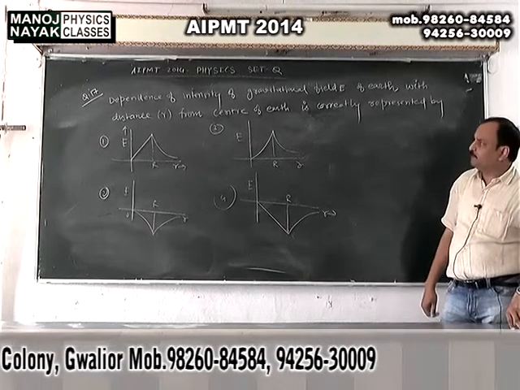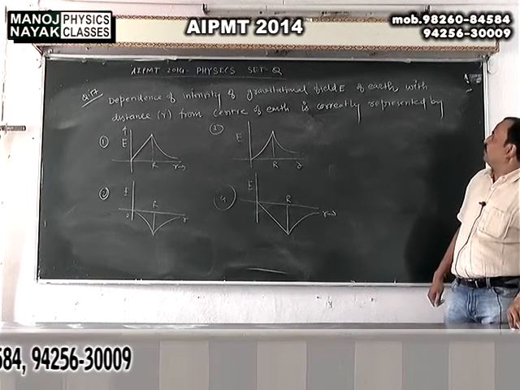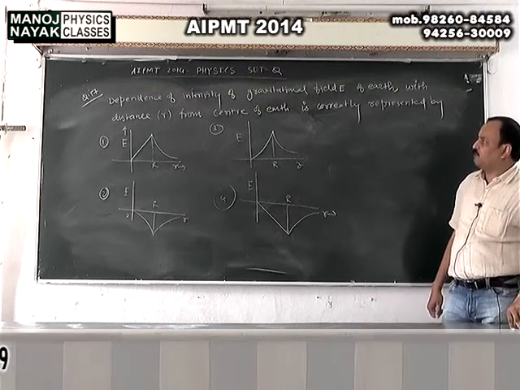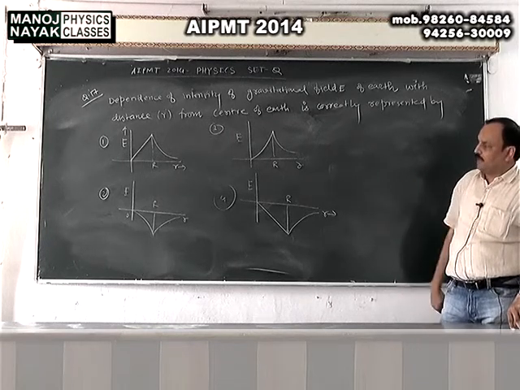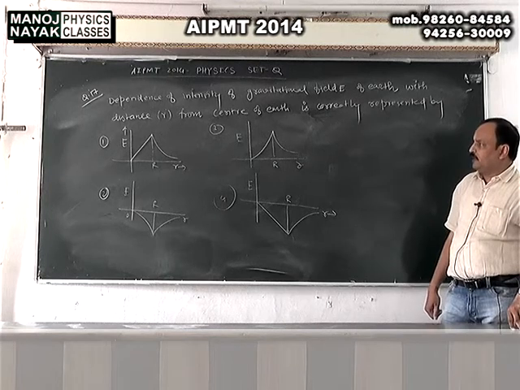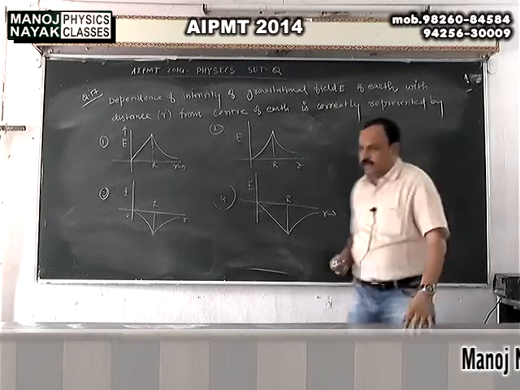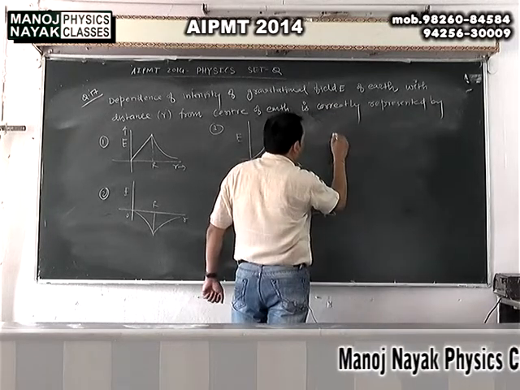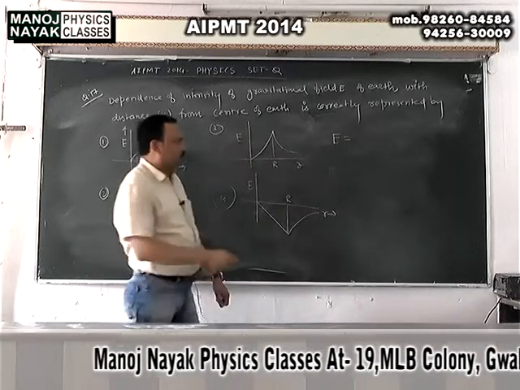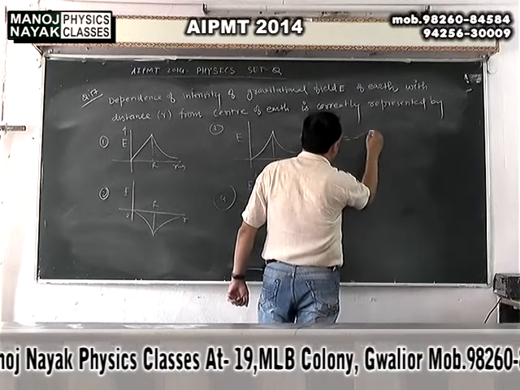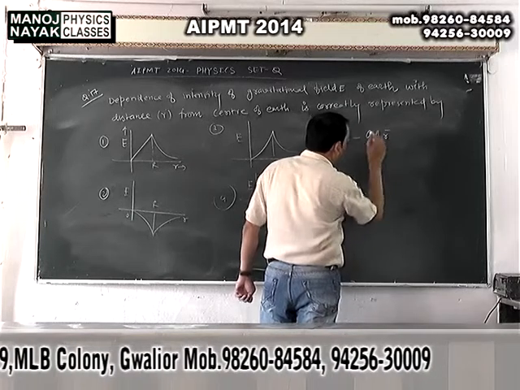Question number 17. Dependence of intensity of gravitational field E of Earth with distance R from center of Earth is correctly represented by, 4 graphs are given, and you know very well that the gravitational field intensity E inside the Earth is given by E equal to minus GM r vector divided by R cube.